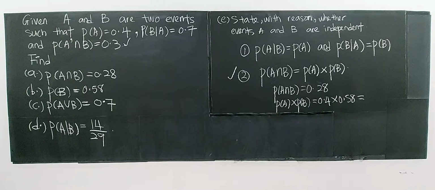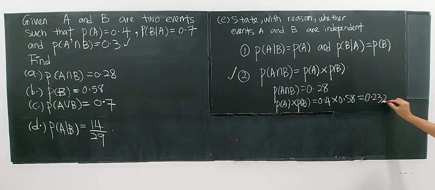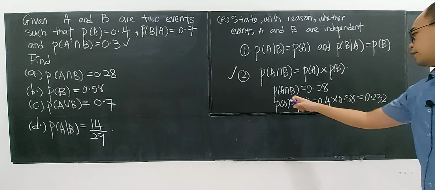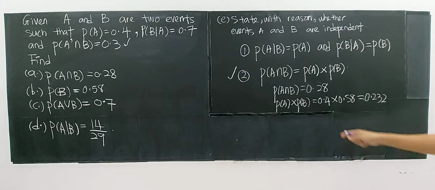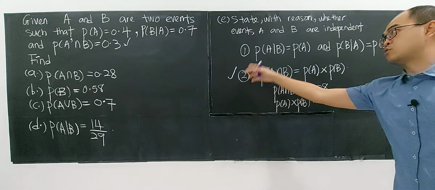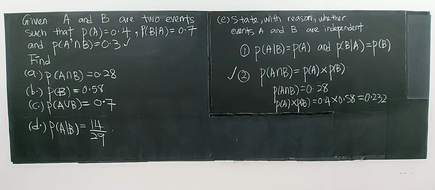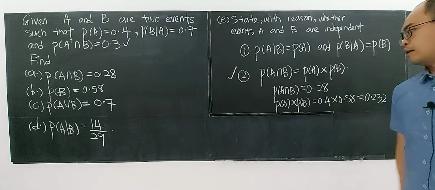If you calculate, you get 0.232. So these two events, A and B, are not independent, because they do not follow this rule. So I used the second method to determine whether the two events are independent or not.